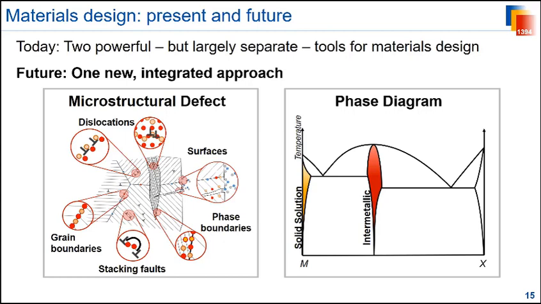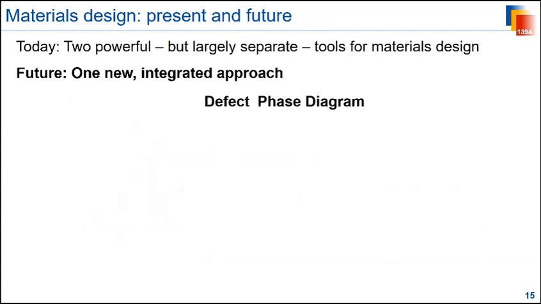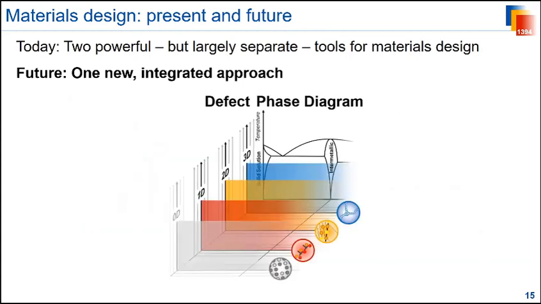Similar to phase diagrams in the bulk, we are now in a position where we can describe the thermodynamic stability not only of crystalline phases, but also of their lattice defects. And within this CRC, we'll therefore endeavor to expand these powerful concepts and bring the two together, which will form something unique in the form of defect phase diagrams.